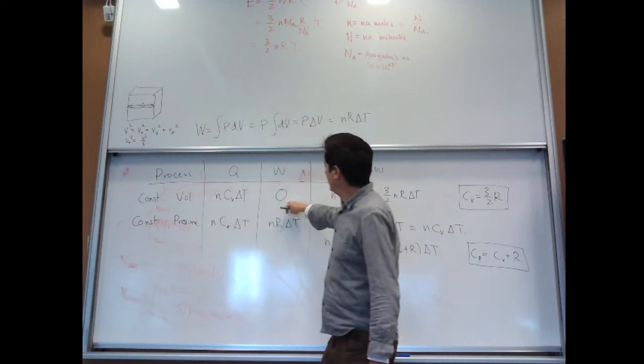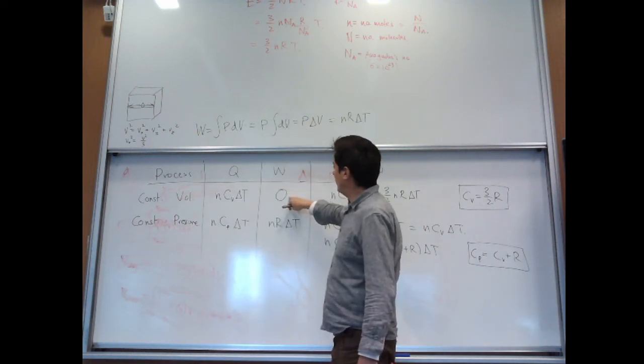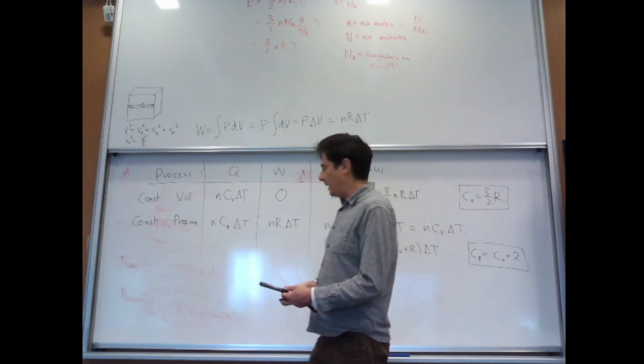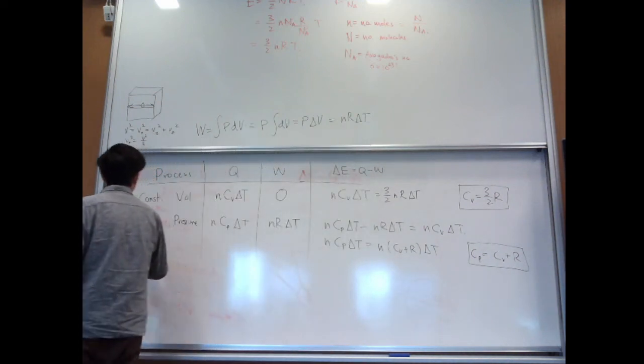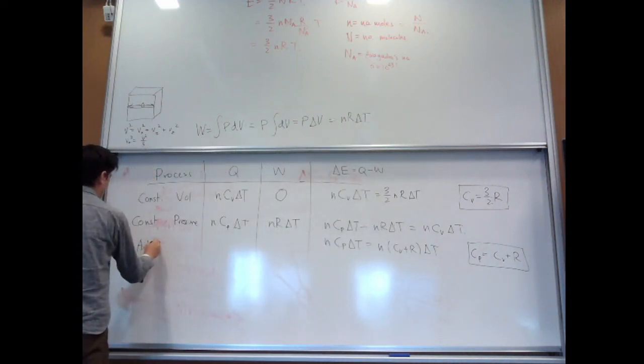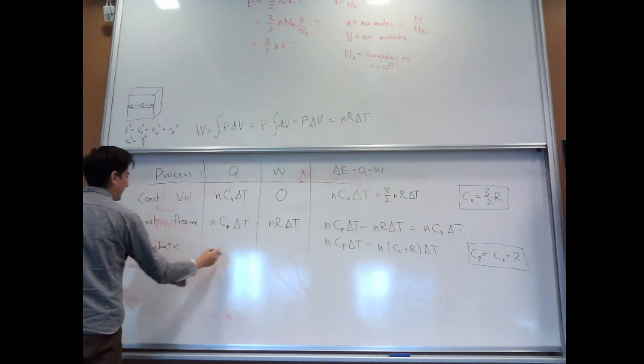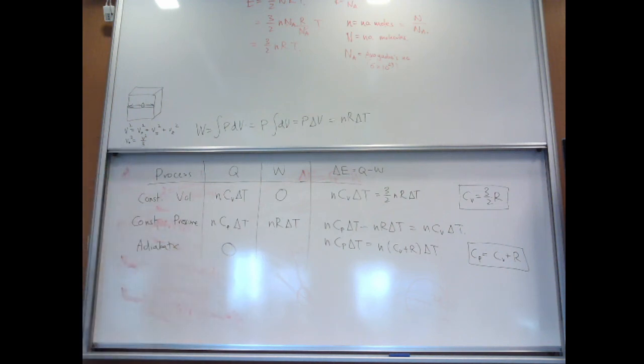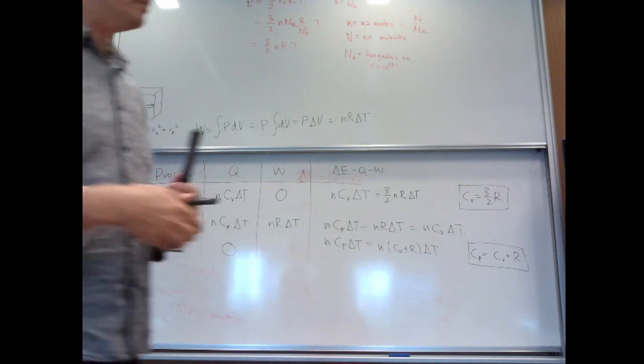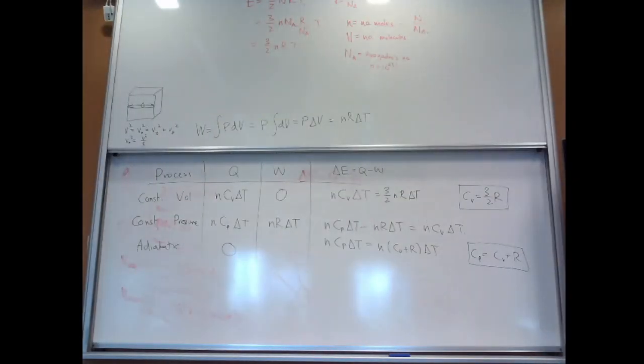We were looking at cases when constant volume meant this was zero. And now adiabatic means that actually heat is going to be zero. And the way that this actually looks on a PV diagram is typically a line that looks like this.